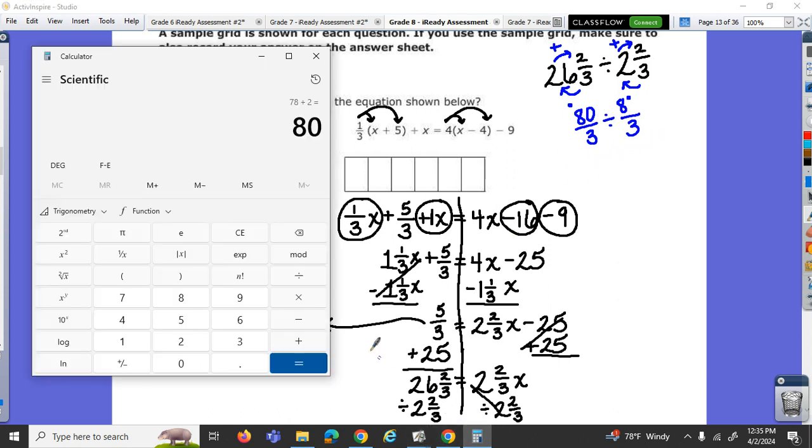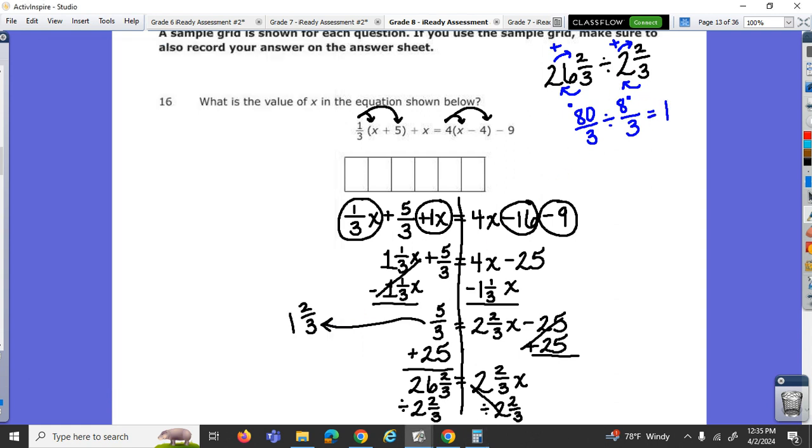If you would prefer to use your calculator, I encourage you, of course, to use those parentheses around your fractions. 80/3 divided by, and you can see my screen here. I know your graphing calculators kind of do the same thing here. You see my parentheses. Final equals is 10. So 10 is our answer for that one.